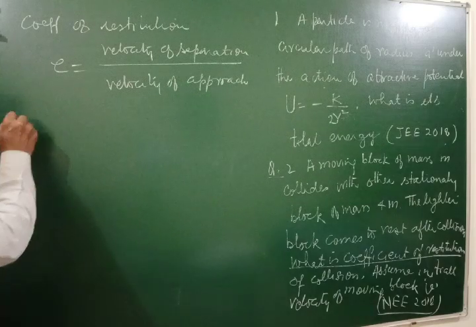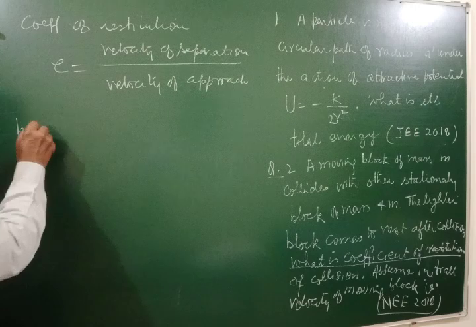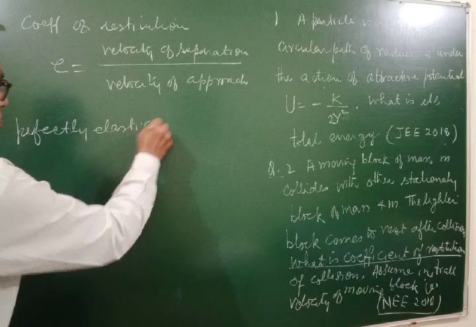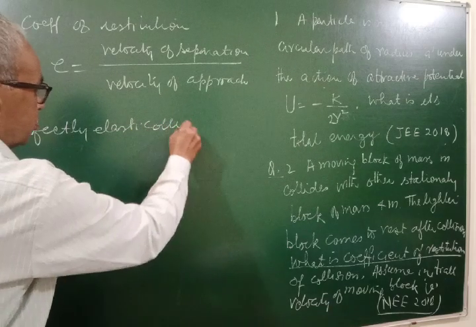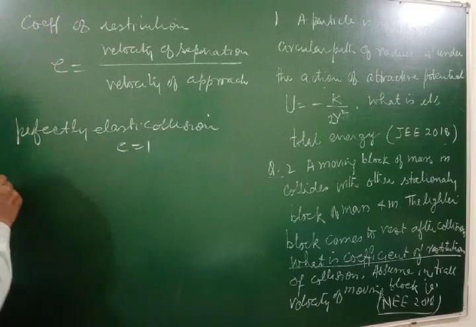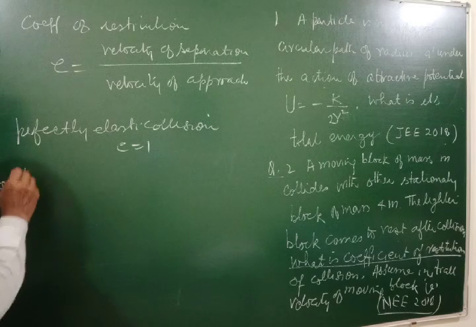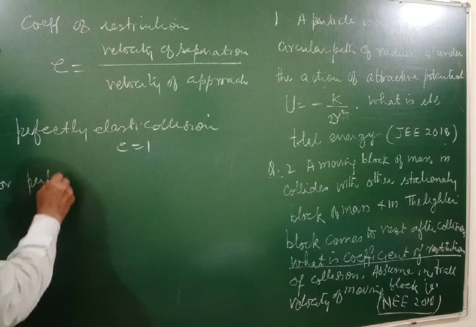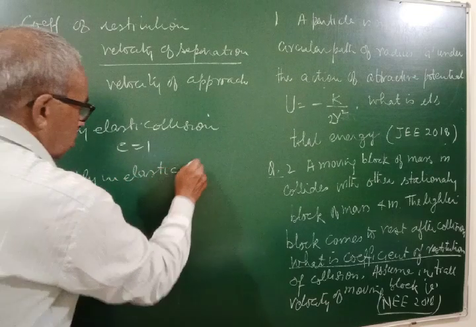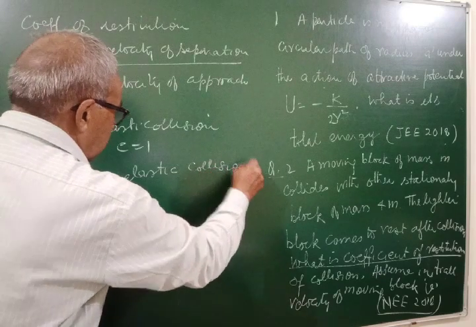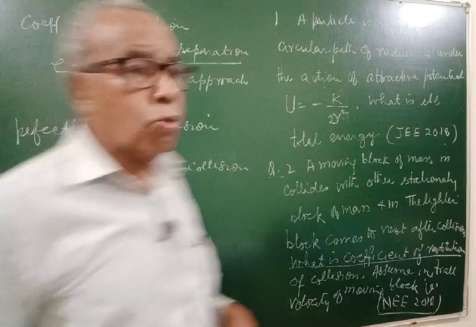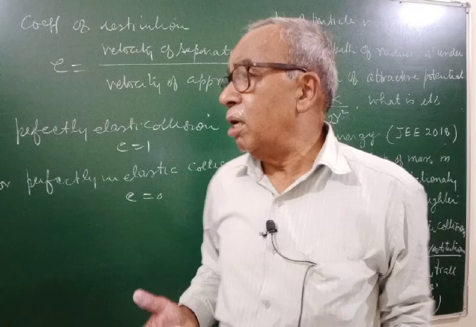So for a perfectly elastic collision, E equal to 1, and for a perfectly inelastic collision, E is equal to 0, because in a perfectly inelastic collision the bodies get embedded together and move with a common velocity.